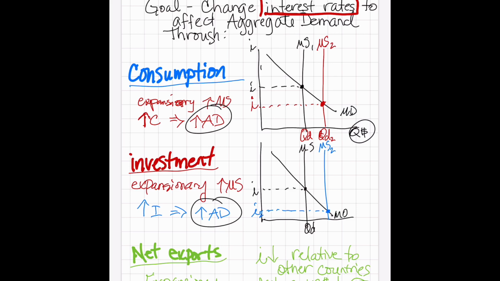And keep in mind that anything that can be expanded by an increase in the money supply, the opposite will be true if they decide to engage in contractionary monetary policy. Decreasing the money supply would increase the interest rate, discourage consumption, discourage investment, discourage net exports. So all of that is going to be true.